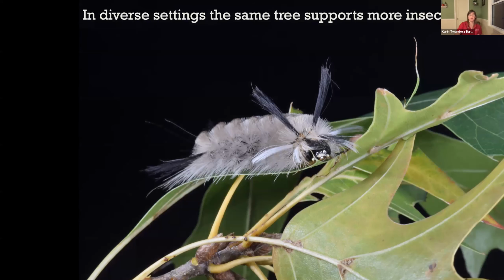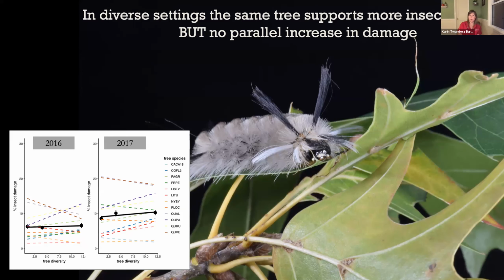So what this means in your yard is that by having a diverse setting, you can plant the same tree but support more insects. We also did not see this parallel increase in damage that you might expect from supporting more insects.